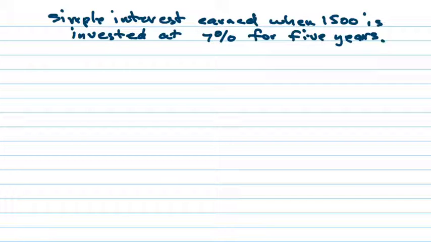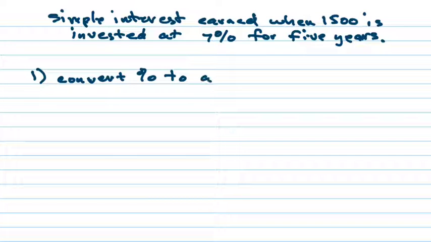Okay? So what we're going to do is I'm first going to write down the steps. This is the process. First, convert percent to a what? Decimal. Exactly, because we cannot do any math with a percent. So you know that business. Okay?